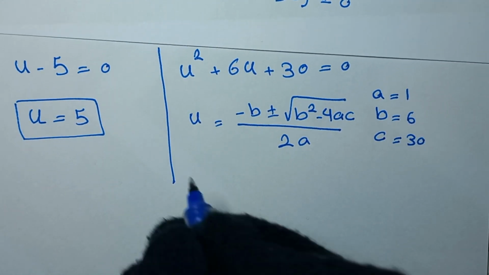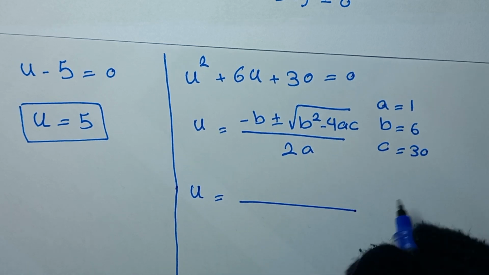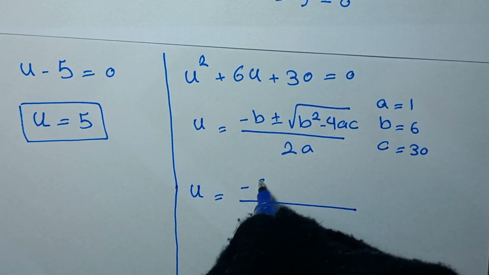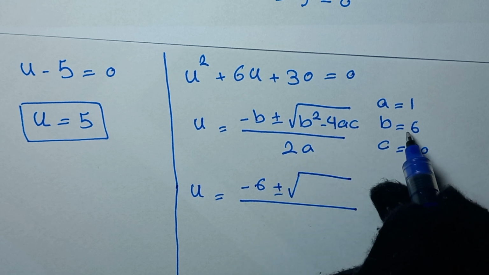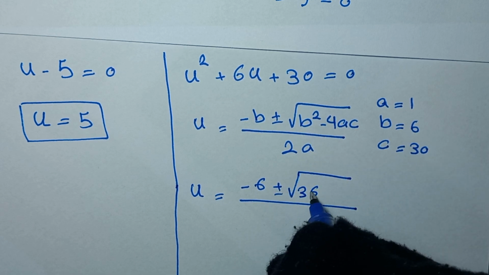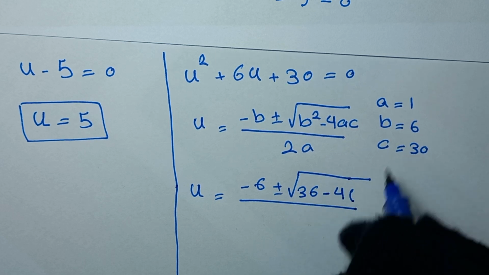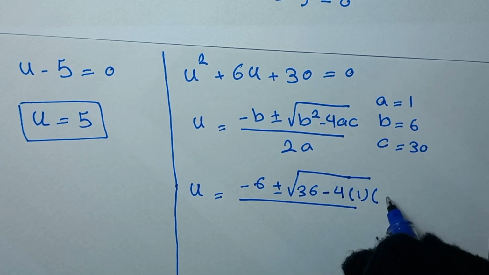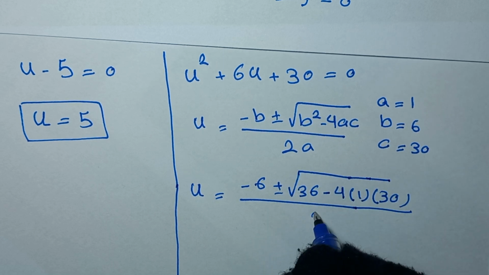So u is equal to negative 6 plus or minus the square root of 6 square, which is 36, minus 4 times 1 times 30, over 2.